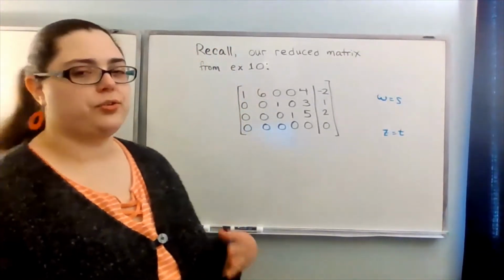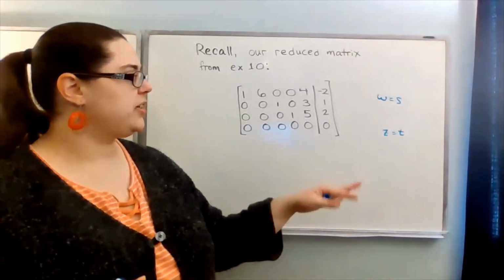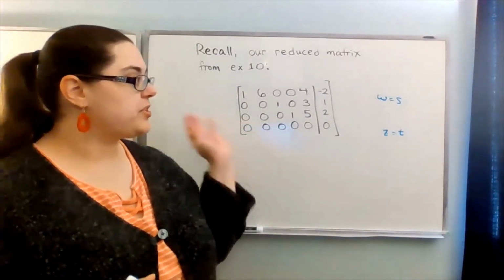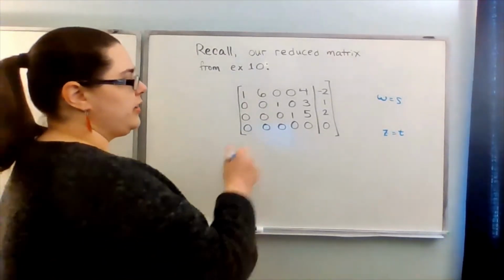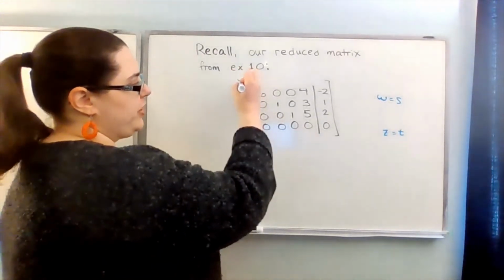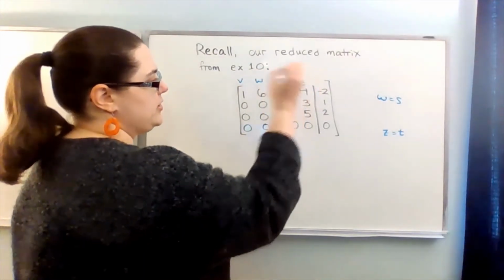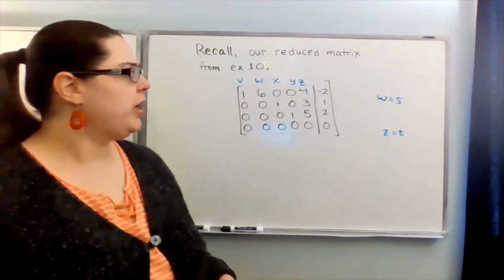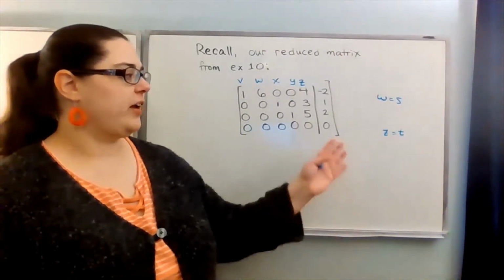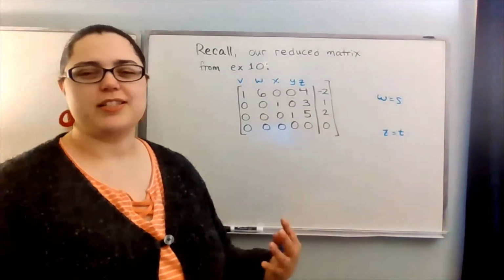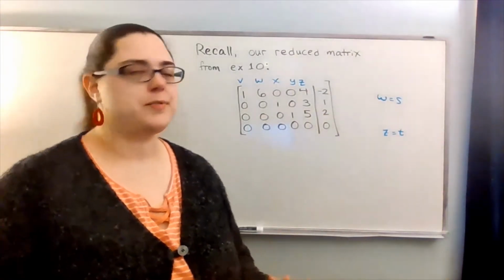And then we were able to solve for X, Y in terms of Z, and V was in terms of W and Z. This column was representing our variable V, and then we had W, X, Y, and Z. And I wanted to look at this example because this was our only example we've had with more than one parameter. So I wanted to see if we could identify any patterns.